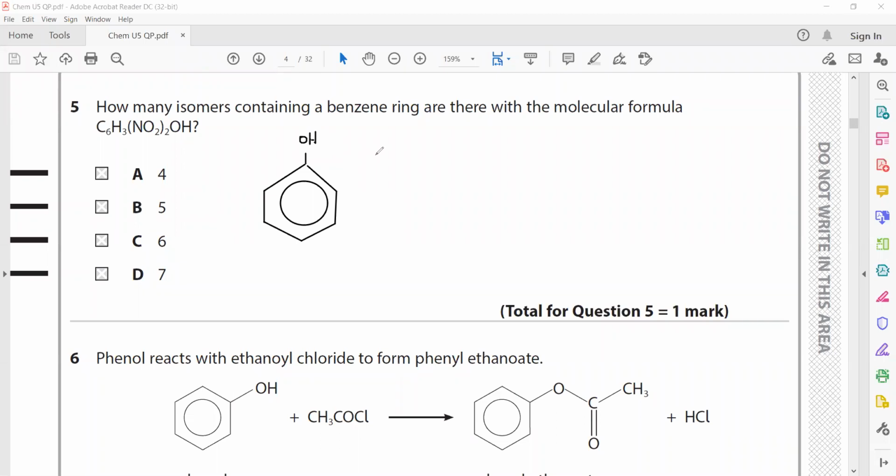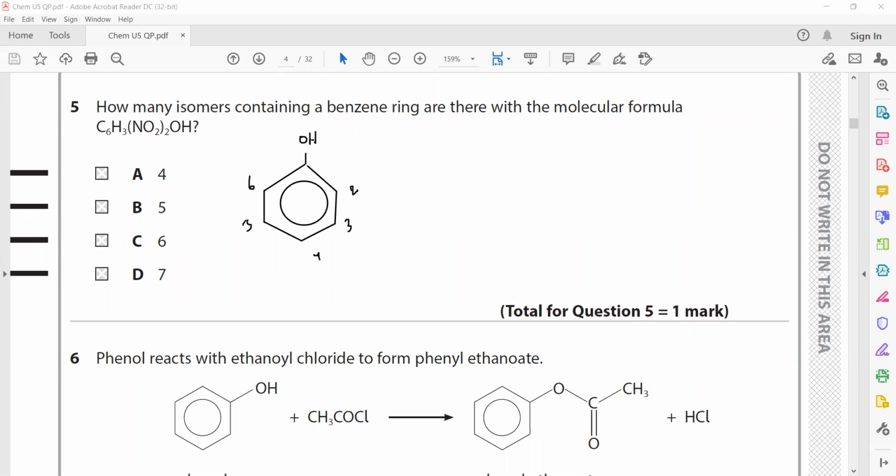Because this is our first carbon, the OH, the priority group, what could be the possibilities? The other positions are 2, 3, 4, 5 and 6.